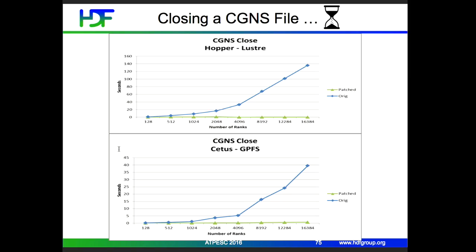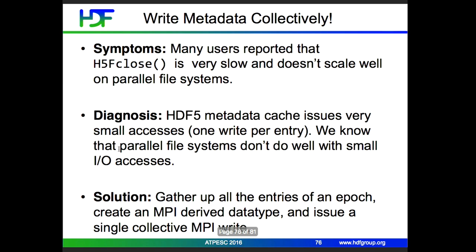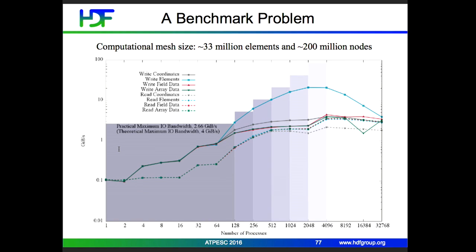So here on the right side, when you do collective metadata writes and aggregate many small writes into larger quantities, you get a good improvement. I'm not getting into talking about the HDF metadata cache.